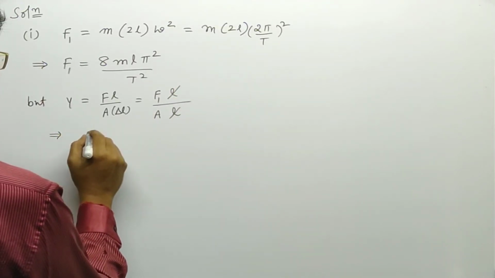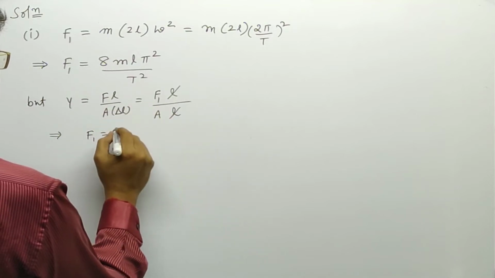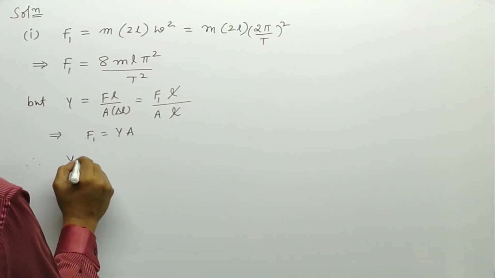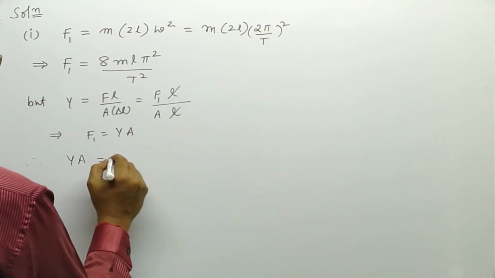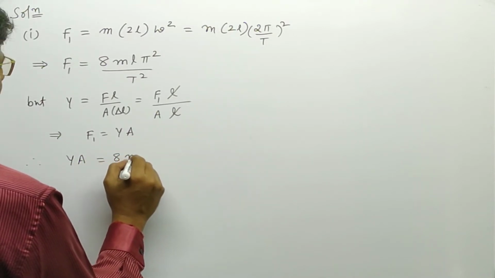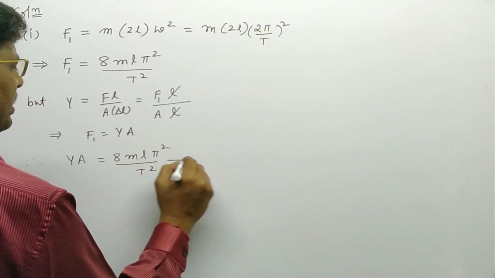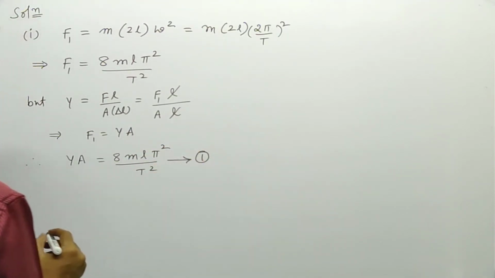That implies F1 is equal to Y A, so therefore YA is equal to 8 m L pi square divided by T square. Let us assume it is equation number 1.